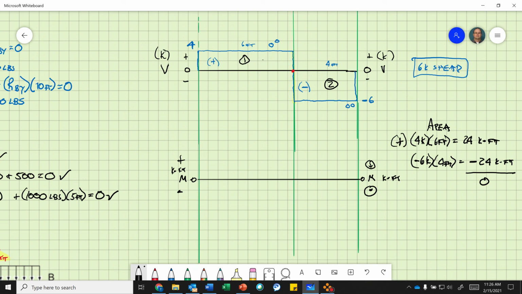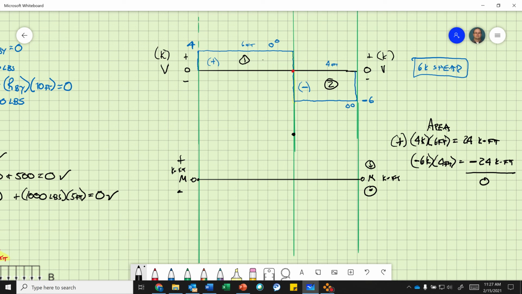Now, the moment diagram. So this is a 0-degree curve because it's a rectangle. So now I go down to a 1 degree, so that's a triangle. So my moment right here is 0. But my moment at the end of this shape here is 24 kip feet. So I'm going to make this 5, 10, 15, 20, 25. So right about there.